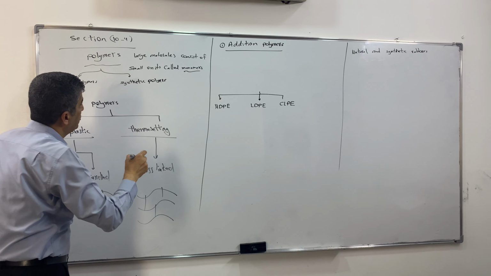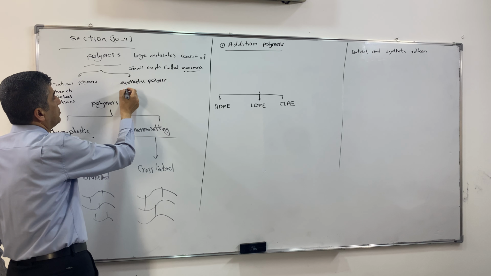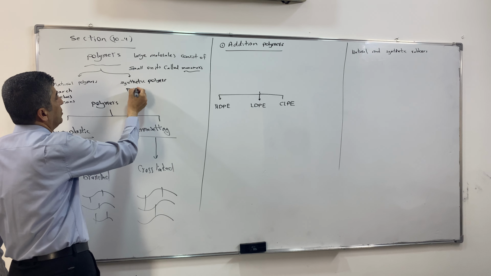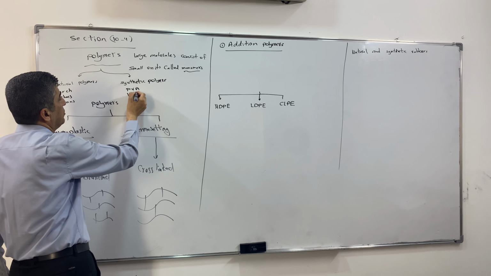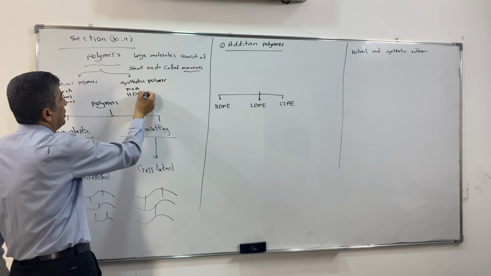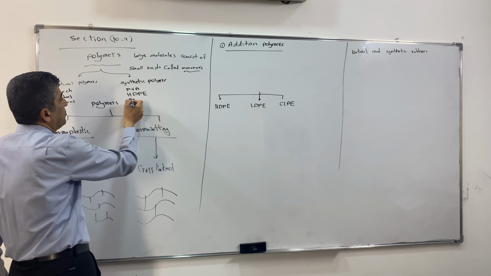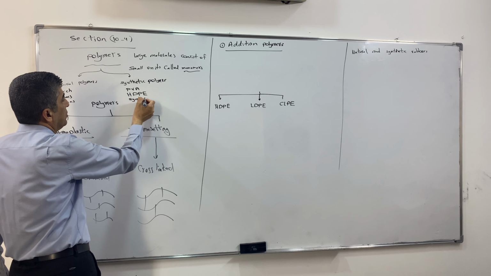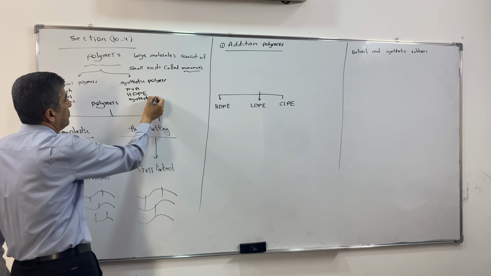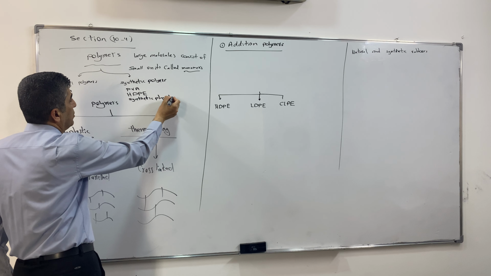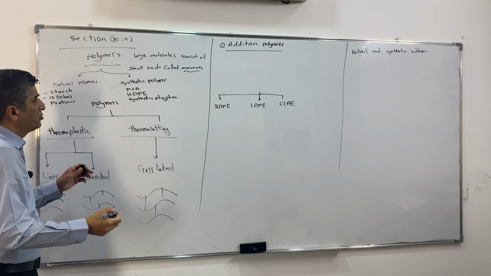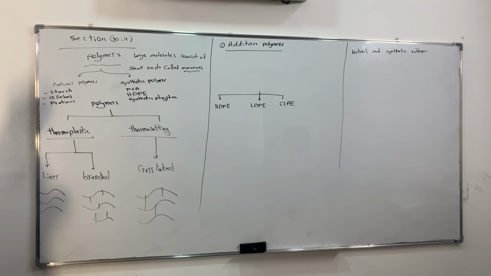But synthetic polymers, we have many types: PVA, HDPE, and also synthetic plastic.